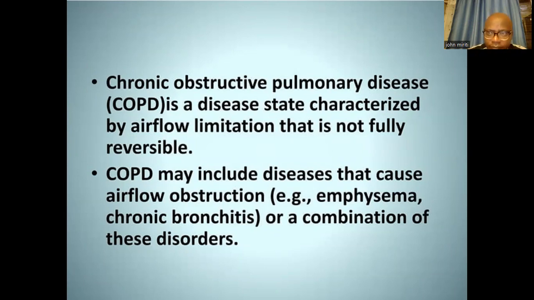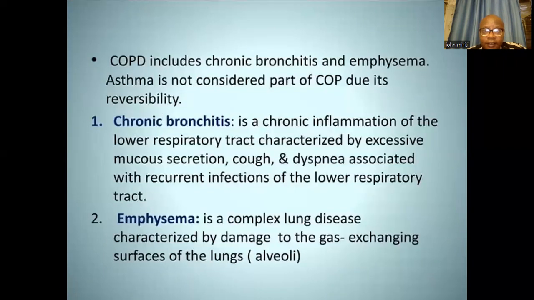So, in a simple way, chronic obstructive pulmonary disease is characterized by airflow limitation, which is irreversible. These conditions include, for example, emphysema and also chronic bronchitis. Emphysema is the issue of the alveolus, and bronchitis is the inflammation of the bronchioles, or even a combination of both of them can have that problem.